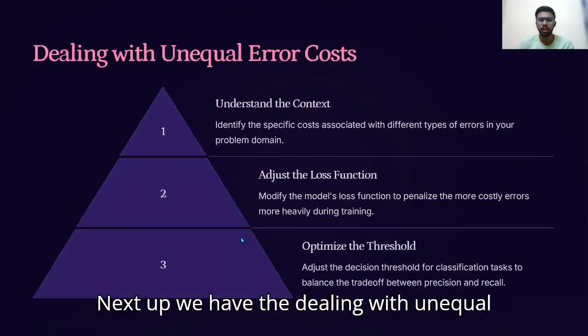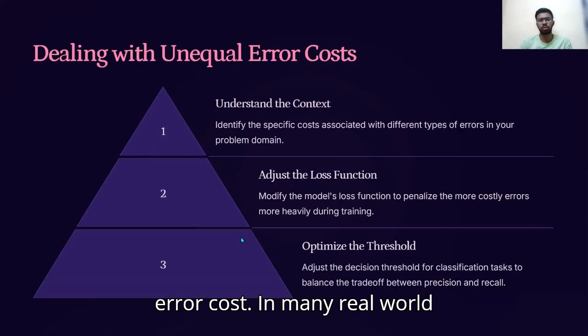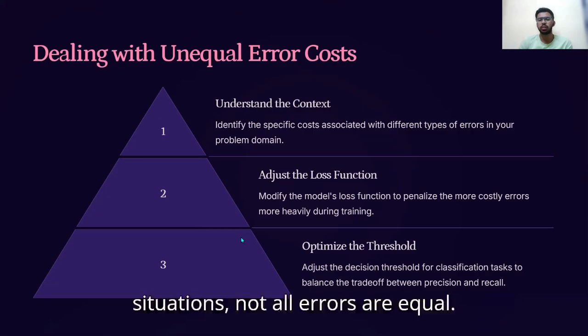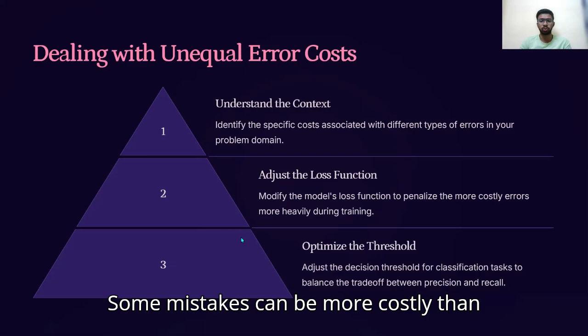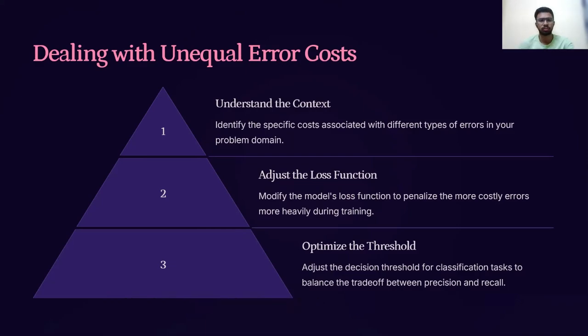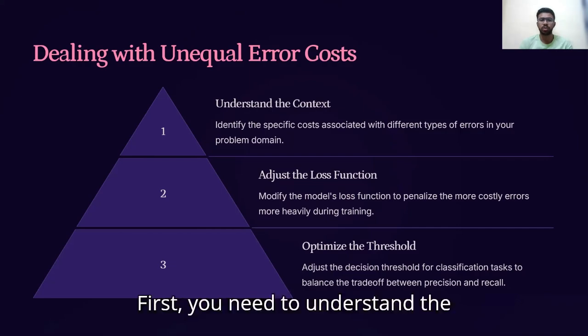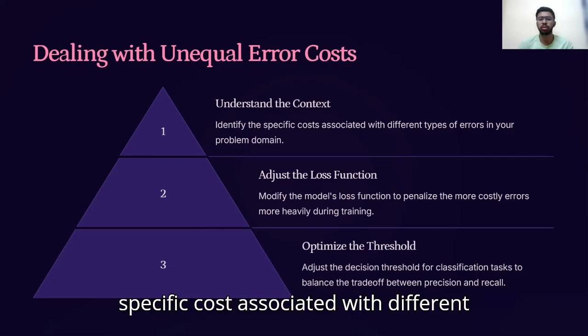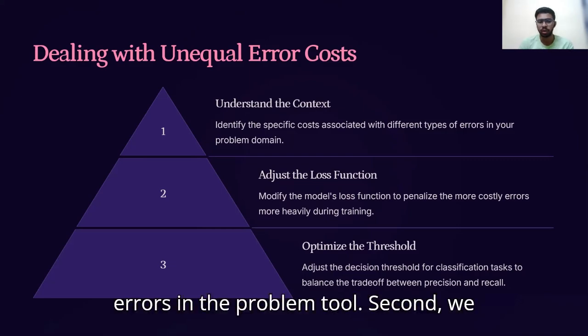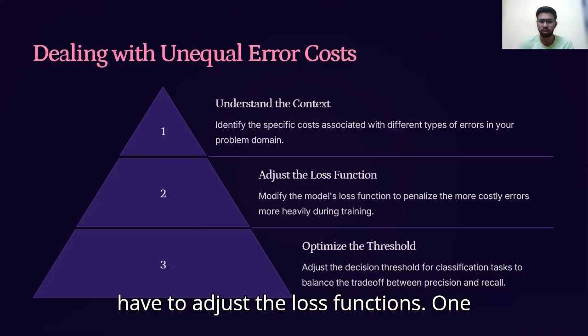Next up, we have dealing with unequal error costs. In many real world situations, not all errors are equal. Some mistakes can be more costly than others. So here we have to understand the context. First, you need to understand the specific cost associated with different errors in the problem you are solving. Second, we have adjust the loss functions.